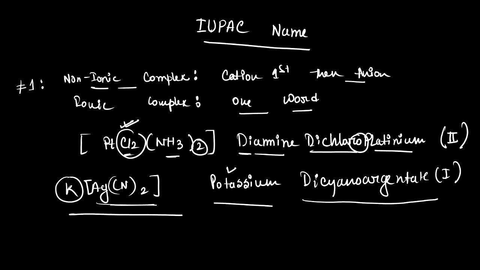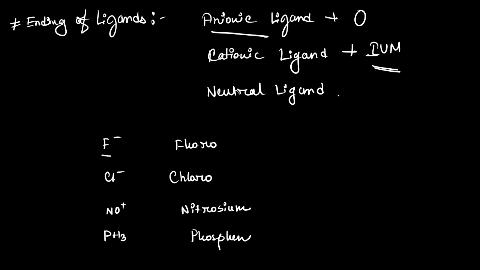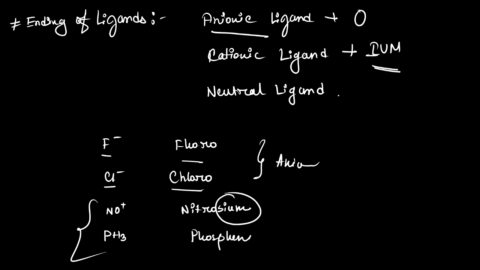For the next ligands: F minus is fluoro, Cl minus is chloro, those are anionic ligands, so we have attached O. For NO positive, nitrosonium, IUM. For phosphine, a neutral one, we add nothing. This one is a cationic ligand, so we add IUM. This one is a neutral ligand, so we do not attach anything.